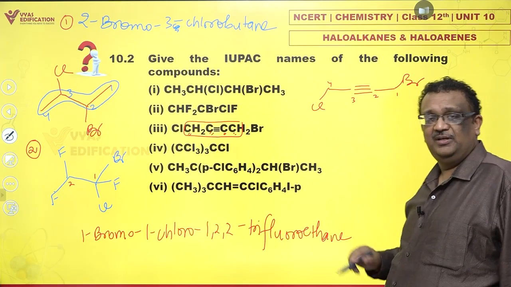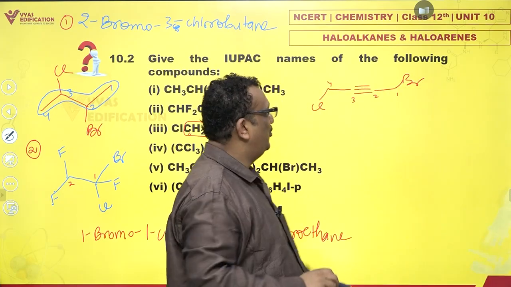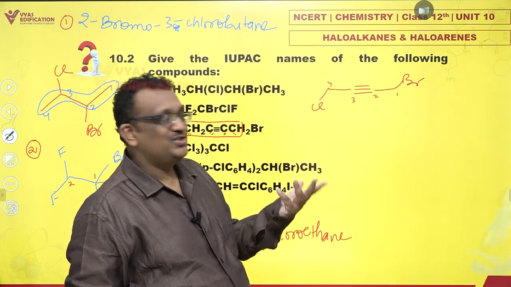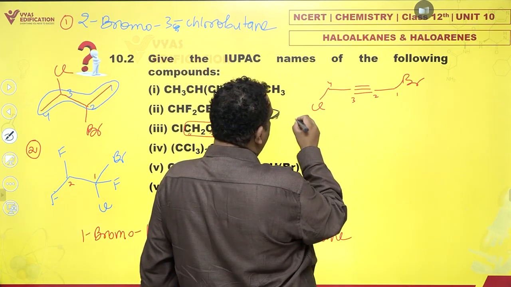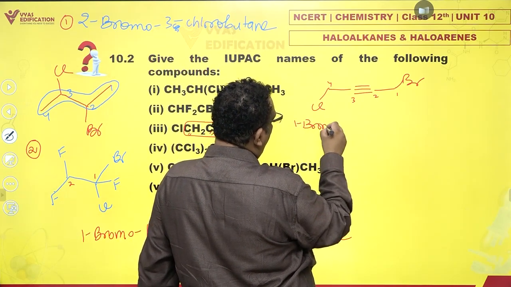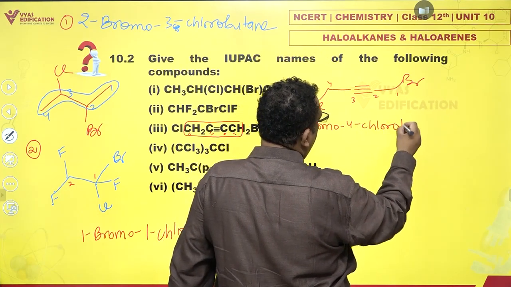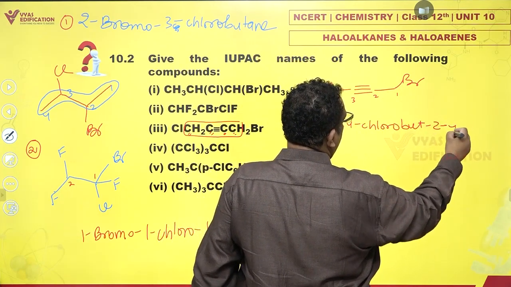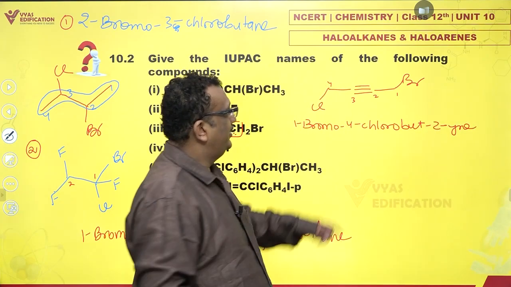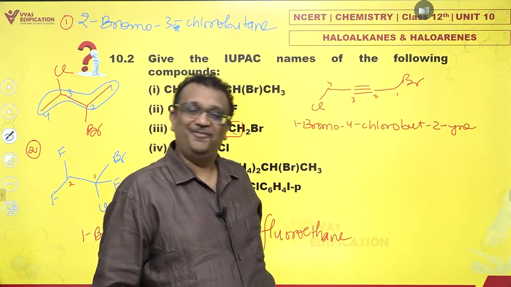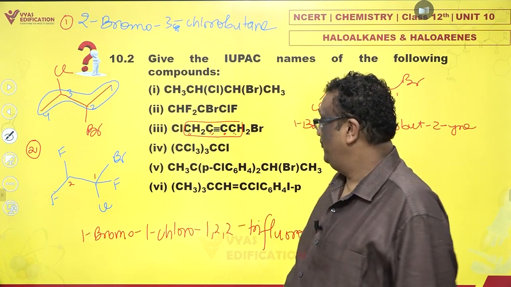Why not opposite? Alphabetical order. Bromo comes before chloro, otherwise it is symmetric. So what will be the name? It is 1-bromo-4-chlorobut-2-ene. It is 2-butene, please note. This is the third one.